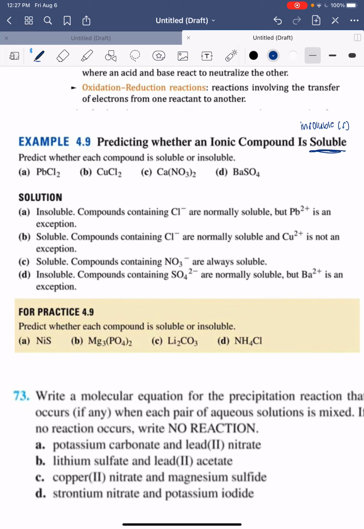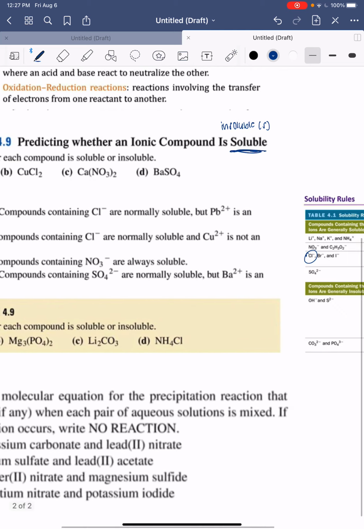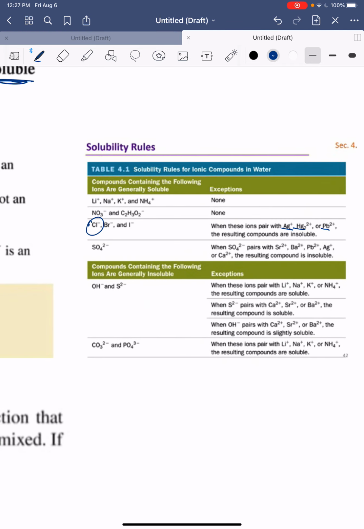B, for copper 2 chloride, if we're looking at chloride here, the only things that are insoluble when paired with chloride, like we just mentioned, are silver, mercury, and lead. There is no copper, which leads us to believe that by default, it's going to be a soluble compound.